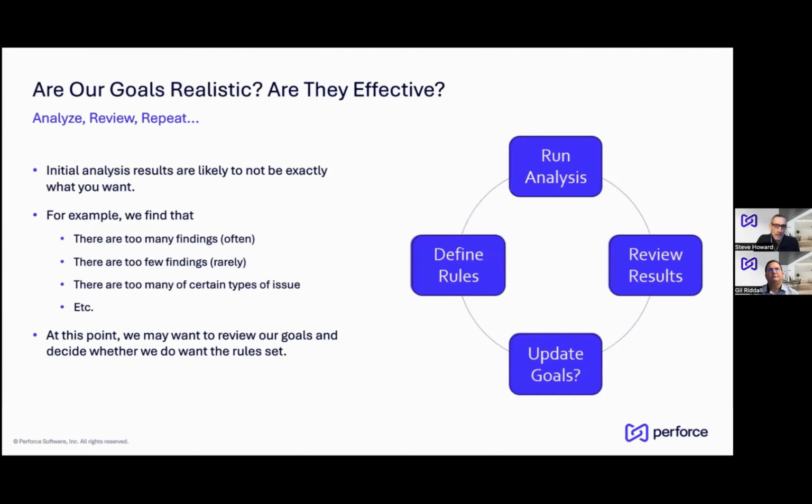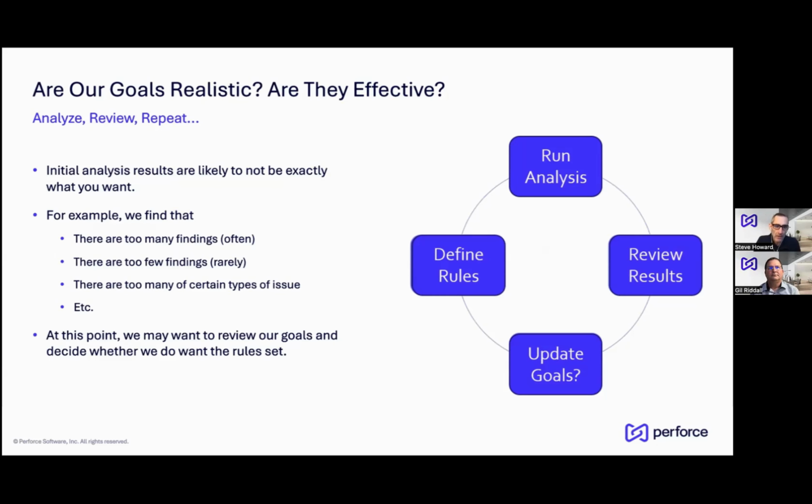Okay, so the first thing, as Gil said, is to define our actual rules. Now, inevitably, once we've done that and run our first full analysis of our code base, we're probably going to find that it's not perfect. Often there are cases where we have too many findings. Really, that is the most common: too many findings to deal with, or just a huge amount of backlog.